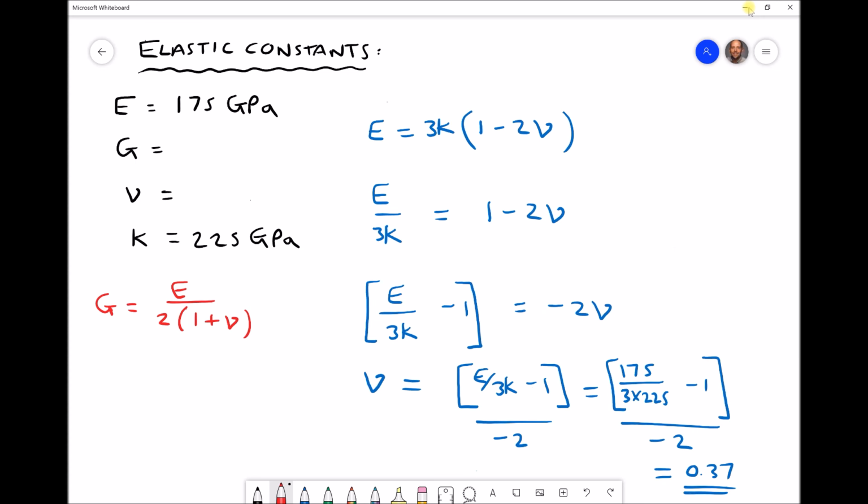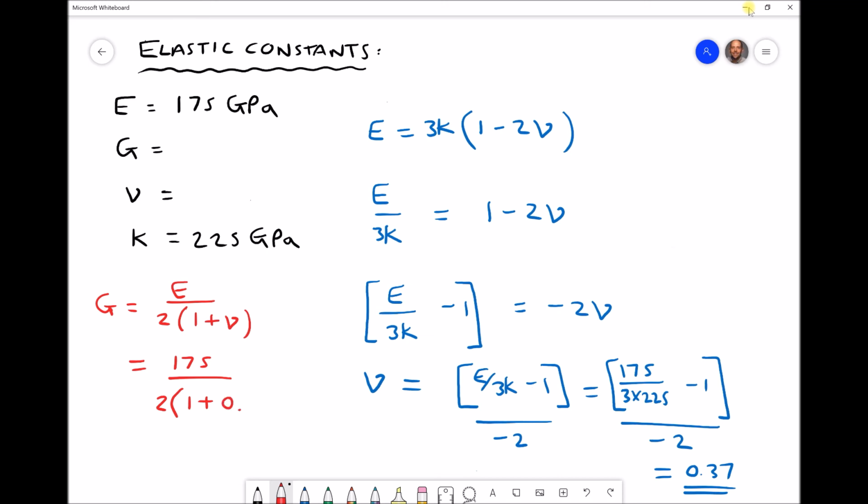Although I've written our Poisson's ratio there to 2 decimal places, I'm going to use my full calculator answer to keep a higher degree of accuracy. So in actual fact, we have G equals 175 gigapascals, meaning our answer is going to be in gigapascals, over 2(1 plus 0.370370).